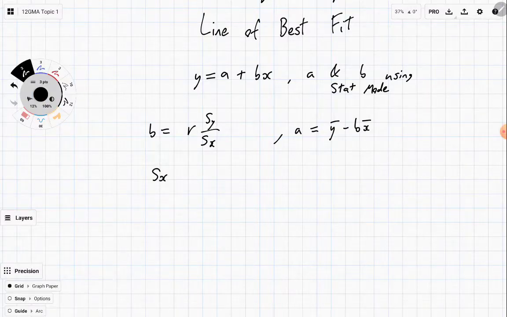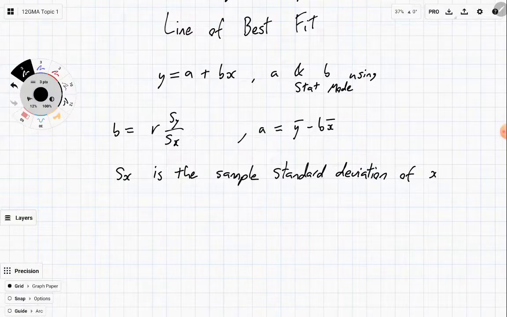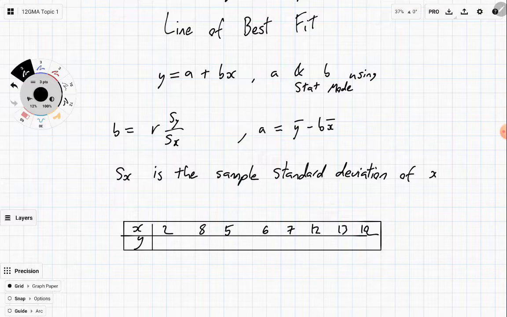So sx is the sample standard deviation of x, meaning if you have a table of data and you have your x and you have your y and then you have a bunch of numbers, 2, 8, 5, 6, 7, 12, 13, 10, it's just the sample standard deviation of x, which we did a little bit in year 11, but you might have forgotten about how to actually calculate it.